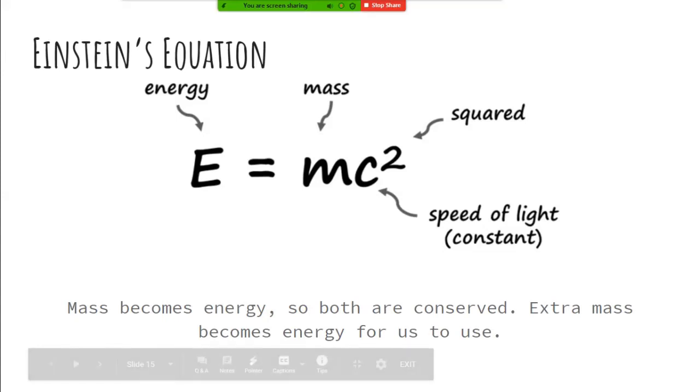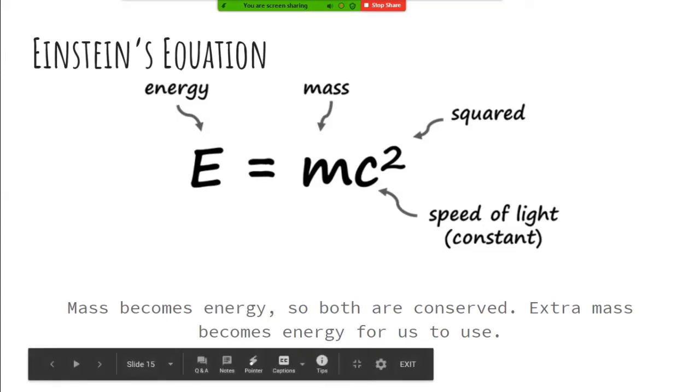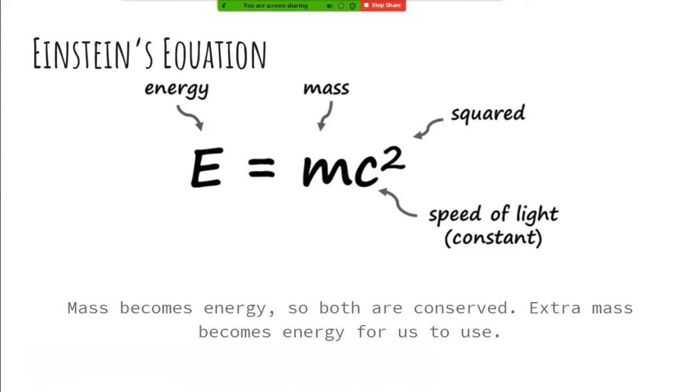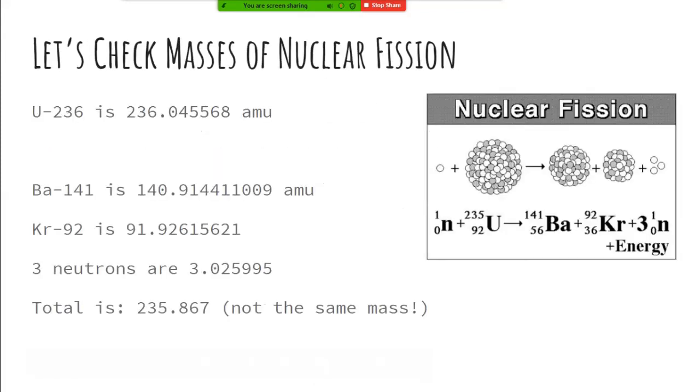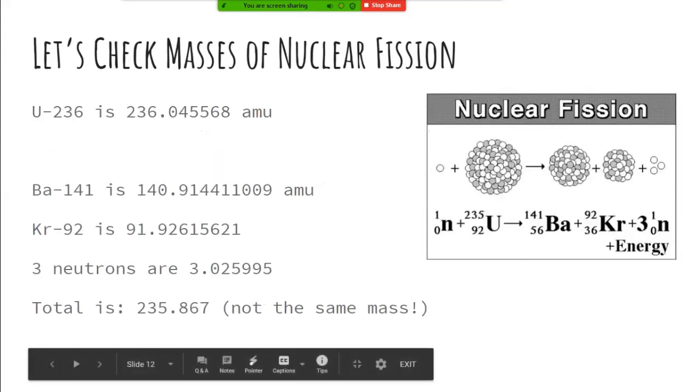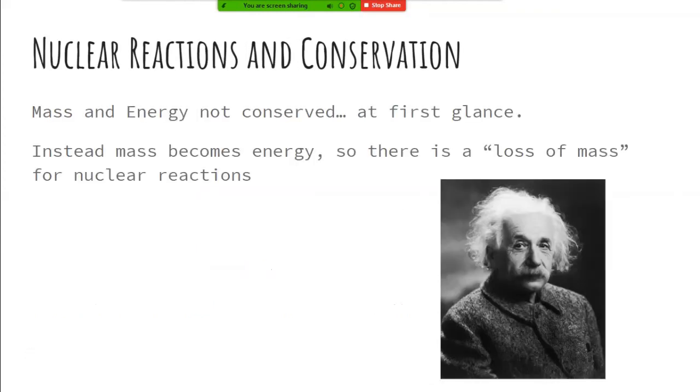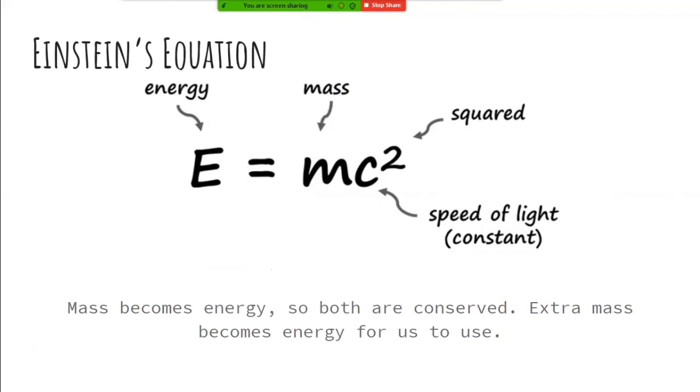The mass becomes energy. And like I mentioned before, there's that extra mass for the uranium. This is around 0.14 or about 0.2 apart. That 0.2 AMU can lead to a lot of energy that we use for nuclear fission reactions.